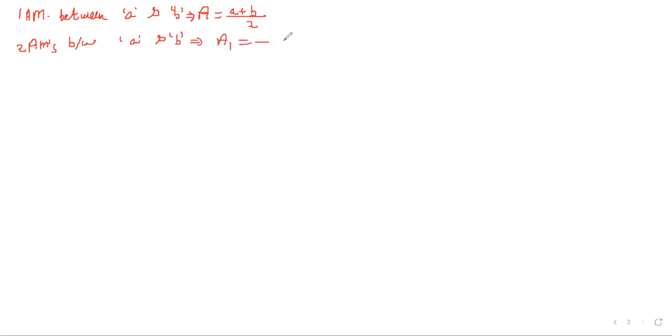Before this, we have studied that a single AM between a and b is given by A equals (a plus b) upon 2, and 2 AMs between a and b are first AM A1 equals (2a plus b) upon 3, second AM A2 equals (a plus 2b) upon 3.